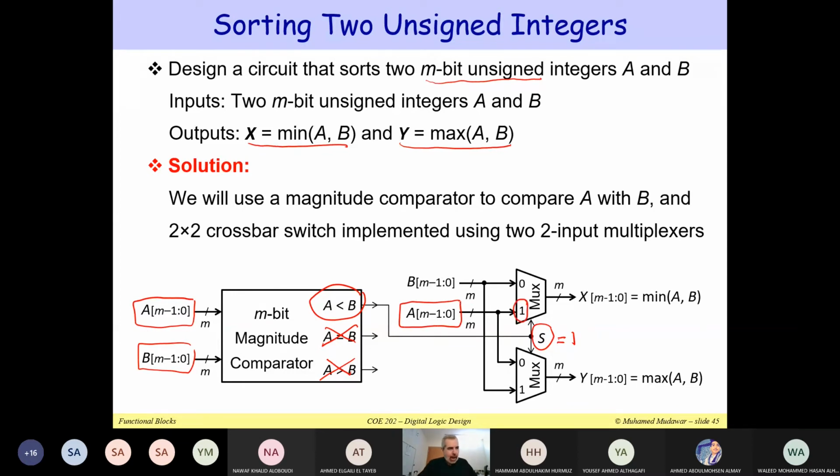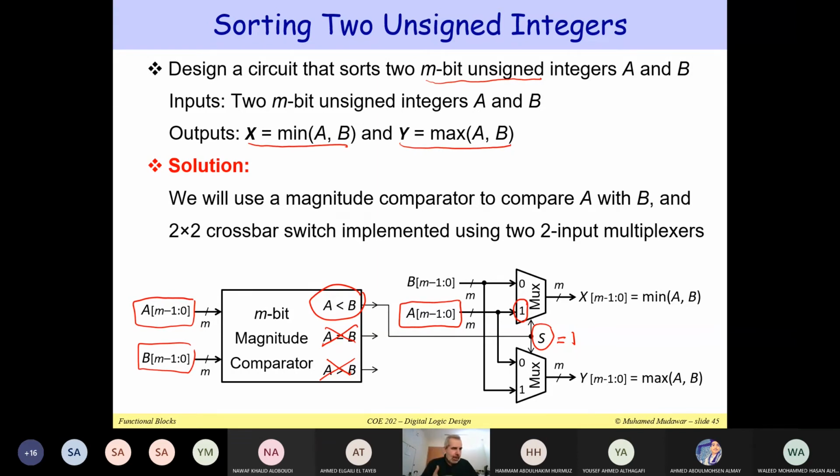This is very important, how you connect the inputs of these multiplexers. You have to show this very clearly in your solution. So when you are drawing a solution in a quiz or in an exam, it's very important that you show that the inputs are connected.